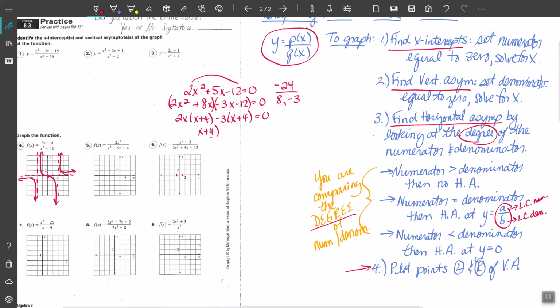We'll pull out that binomial. And so now we have it factored. We'll just set each of those equal to 0 to give us our zeros. So a little bit more work on this one, but our vertical asymptotes are at negative 4 and positive 1.5.